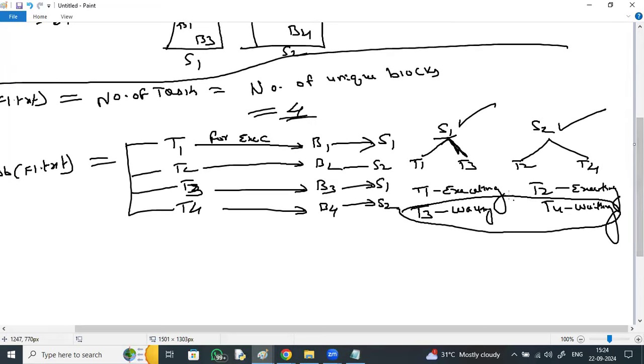Only 2 tasks are executed, the remaining 2 are in the waiting state. So that's why I'm saying less speed. After executing the first T1, T2 tasks, next T3, T4 will be executed parallelly.